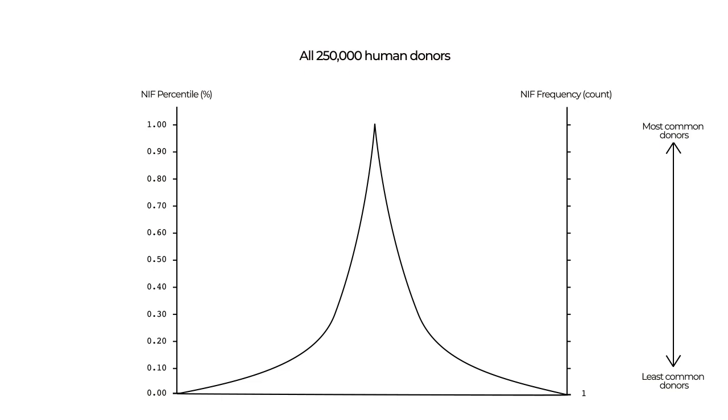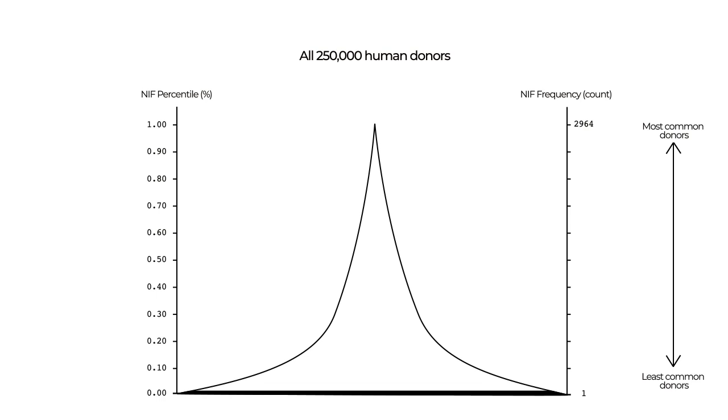There are 3,762 unique E-3 to D+6 sequences, and all of these comprise the first and second percentiles of the NIF percentile scale. Whereas the most common donor sequence has a NIF of 2,964, present at the same position of 2,964 different introns, and alone comprising the 99th to 100th percentiles.